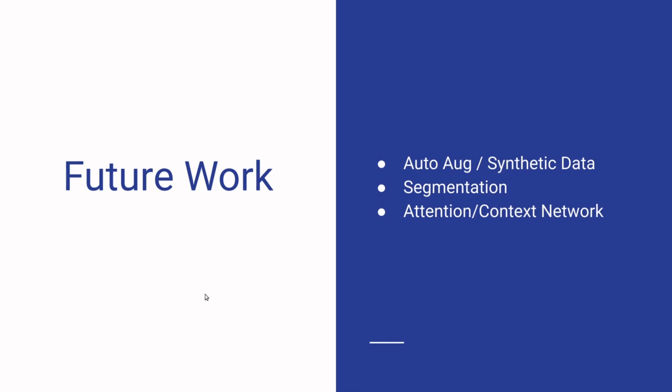The second part that can be included is using the annotations, the way that we can fit the human annotation as segmentation into our training objective. Last but not least, the classification branch in my solution is rather simple and direct. More complex architecture or modification could be applied, with attention or a context network.